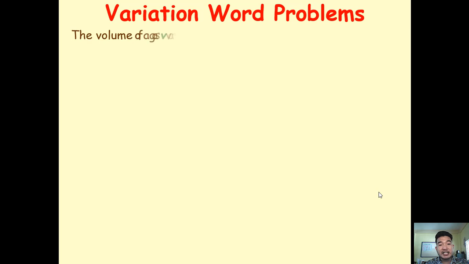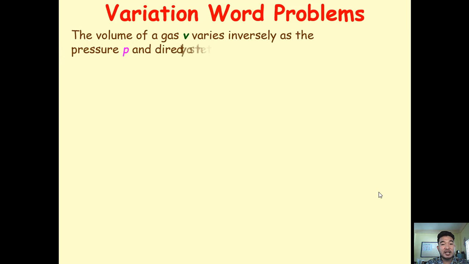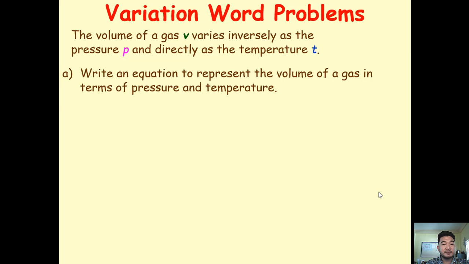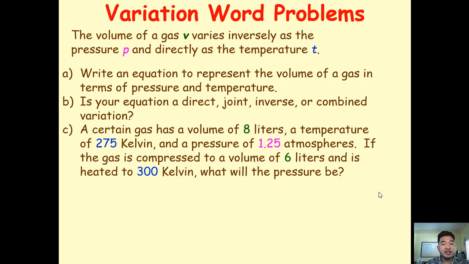For your task this day, I want you to solve these variation word problems. We have here, this is actually one problem. The volume of a gas D varies inversely as the pressure P and directly as the temperature T. These are the things that you have to do.